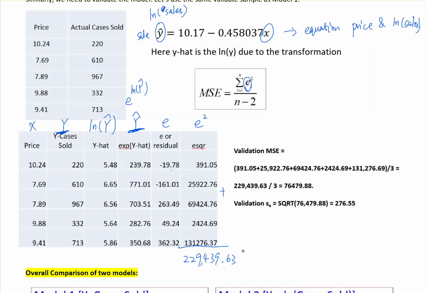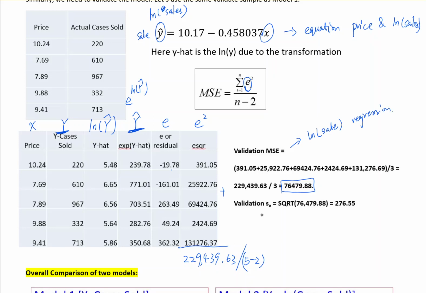All right, and then divide by n minus 2. Since we have 5 observations in our validation sample, we just divide by 5 minus 2, which is 3. And then we have the validation MSE for the natural log transformation regression.